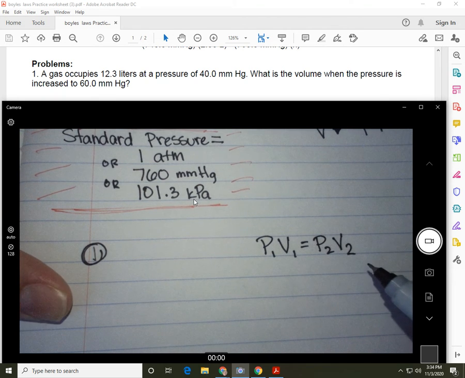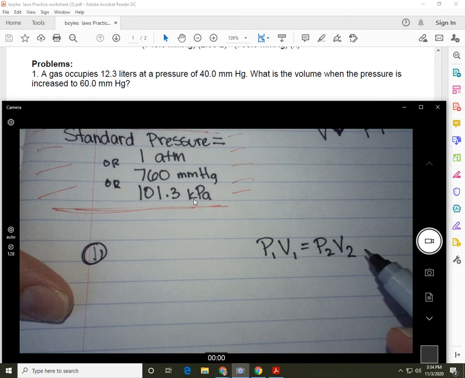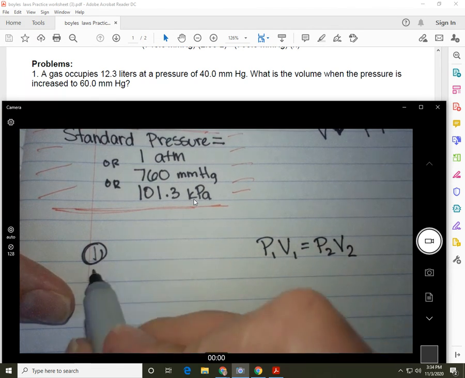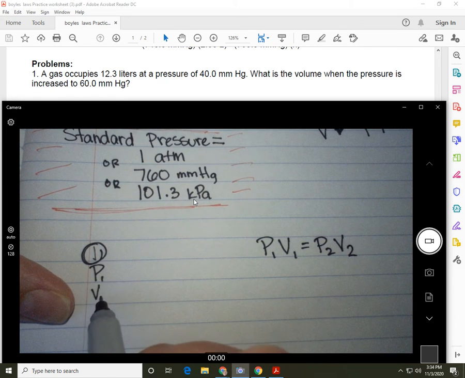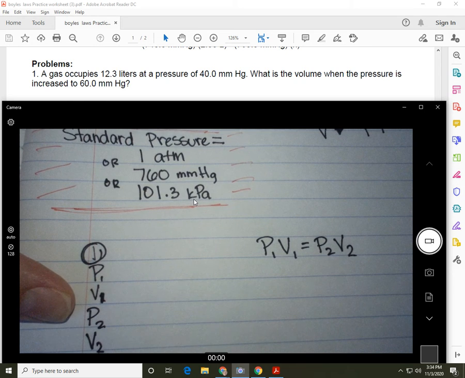When I look at any kind of equation, I know that I'm going to need to plug in these numbers. So I like to go ahead and write what I'm going to need down before I even read the question. So let's go ahead and read the question. A gas occupies 12.3 liters at a pressure of 40.0 millimeters of mercury.